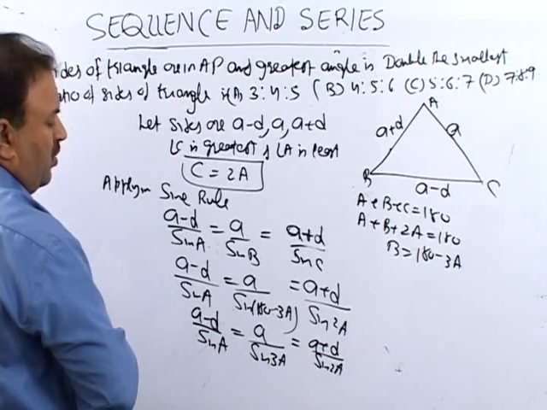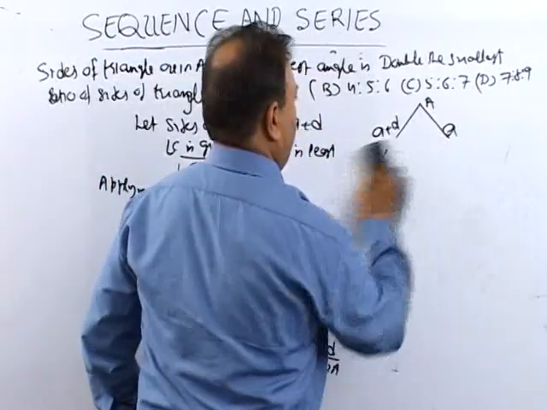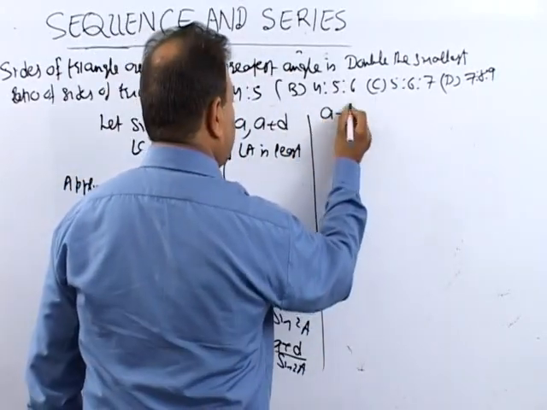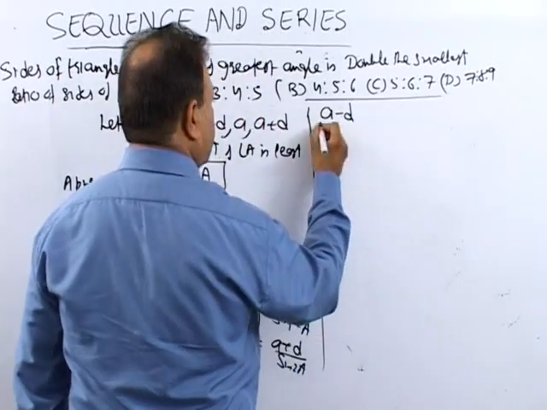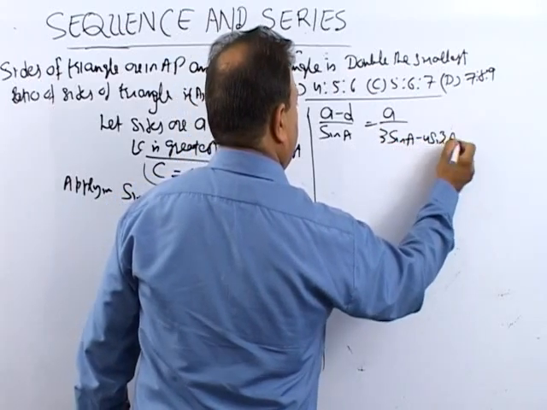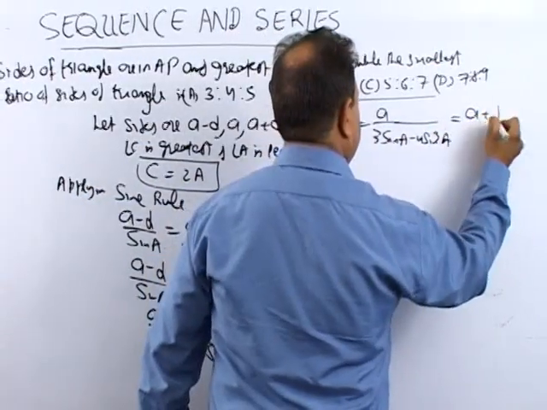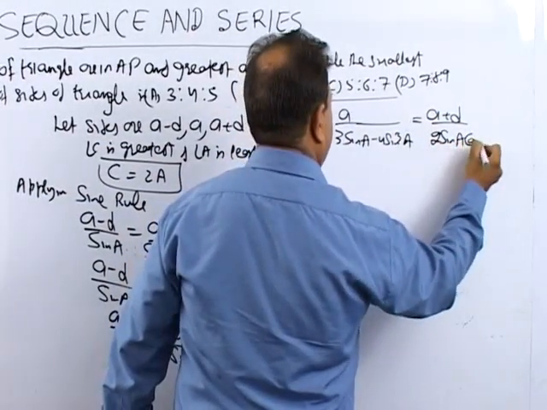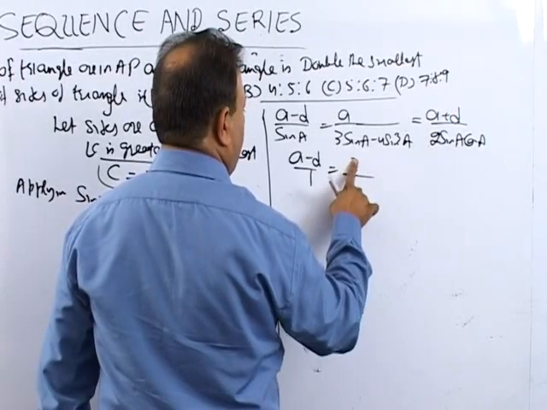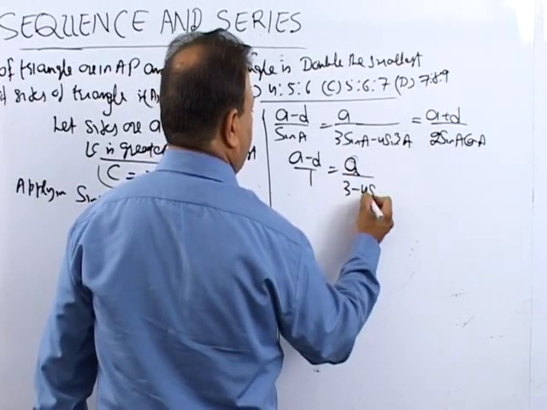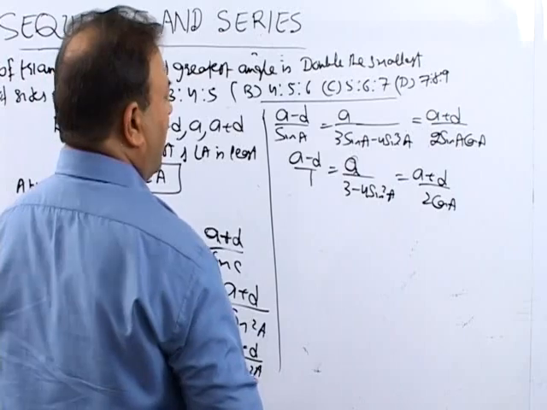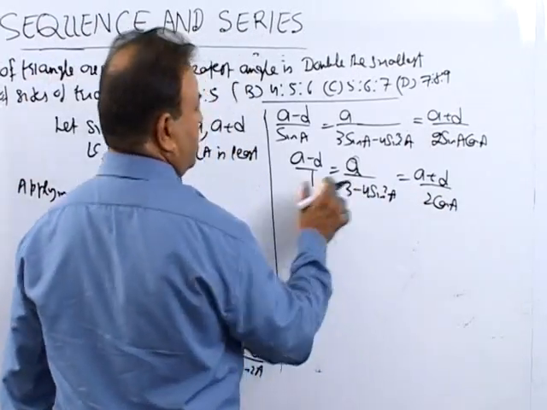Now applying the trigonometric formula over here: a minus d upon sine A, equals a upon 3 sine A minus 4 sine cube A, equals a plus d upon 2 sine A cos A. Dividing by sine A, we get a minus d upon 1, equals a upon 3 minus 4 sine square A, equals a plus d upon 2 cos A. Now what do we take first? I take the first and third, and the first and second, this way.